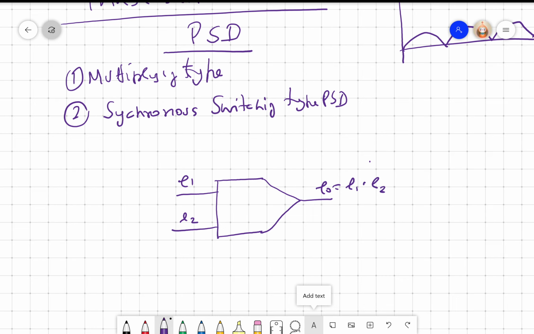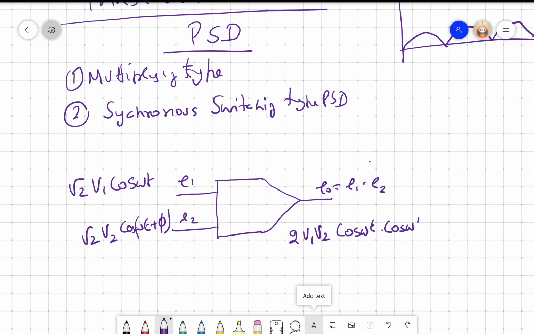Now I take E1 as root 2 V1 cos omega t, and E2 as root 2 V2 cos (omega t plus phi). There's a small phase shift. The output now would be 2 V1 V2 into cos omega t into cos (omega t plus phi), right?